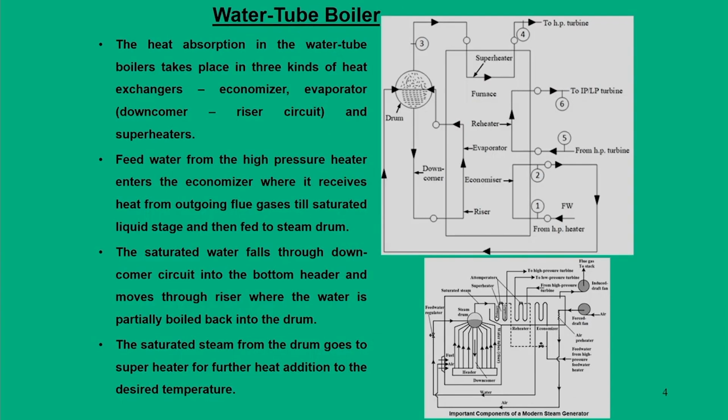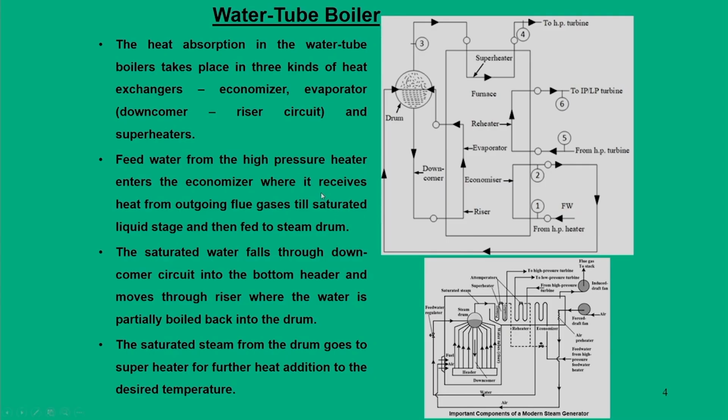Before we go to the superheater component, let us think in a broad sense about what we mean by heat absorption in water tube boilers. Our main job is to add heat to the working fluid, in this case water.